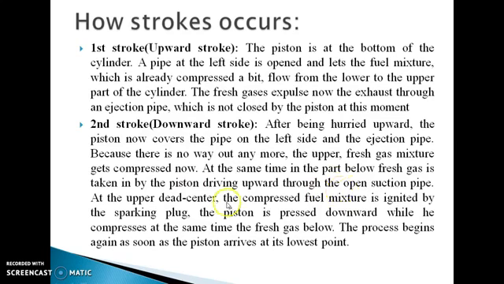At the upper dead center, the compressed fuel mixture is ignited by a spark plug. The piston is pressed downward while it compresses at the same time the fresh gas below. The process begins again as soon as the piston arrives at its lowest point.